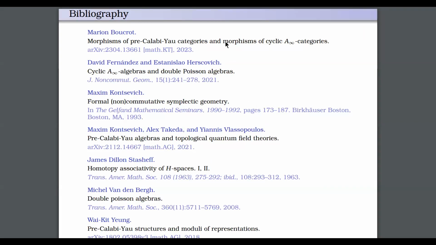Could you explain, Marion, these extra conditions that you mentioned to make the theorem that the structures were also almost cyclic and the morphisms were cyclic and so on? Yes, so in fact, we have some particular case of this theorem.